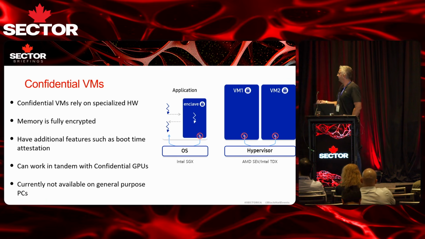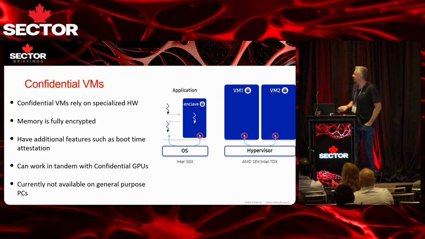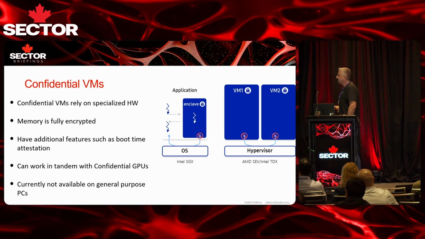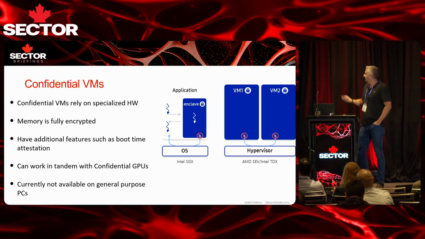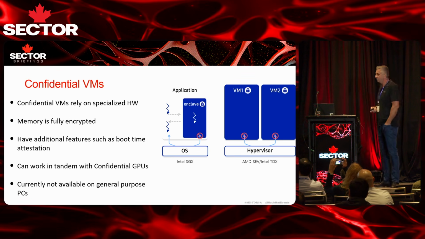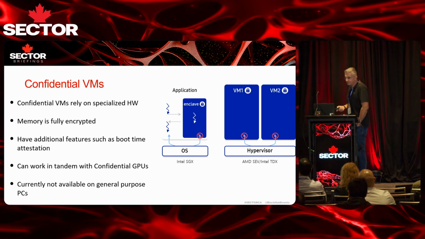There is another technology that could raise the bar even higher. It's called confidential VMs. Instead of relying on the hypervisor, they rely on special hardware, like, for example, Intel TDX or AMD SEV-SNP, or maybe some additional technologies.